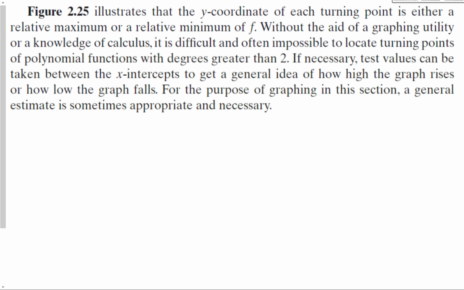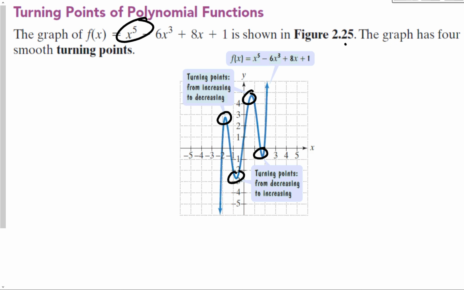Figure 2.5 illustrates that the y-coordinate, right here, right here, right here, and right here, is either a relative max or relative minimum. Without the aid of a graphing utility or knowledge of calculus, it is difficult, often impossible, to locate turning points of polynomial functions with degrees greater than 2.